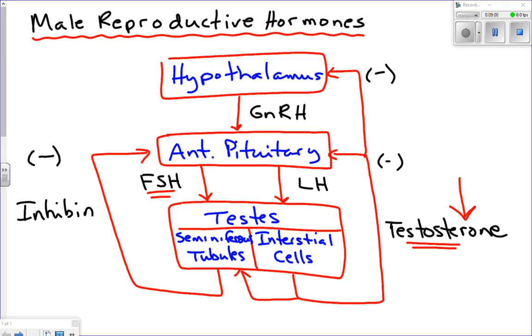Well, if testosterone is lower, then there's going to be an absence of negative feedback. And in an absence of negative feedback, GnRH is going to increase. And if GnRH increases, so will LH increase, and so will FSH increase. So we'd expect to find increased levels of all three of those hormones if testosterone levels were low.